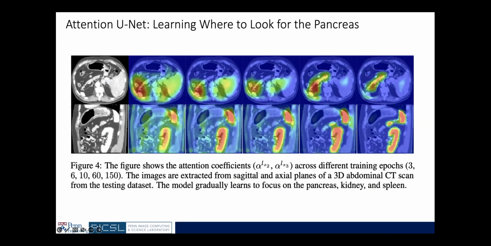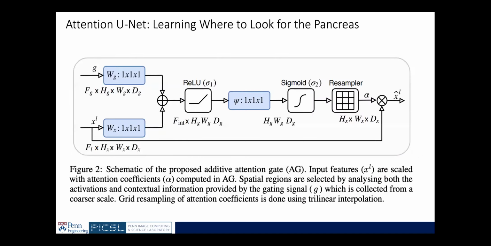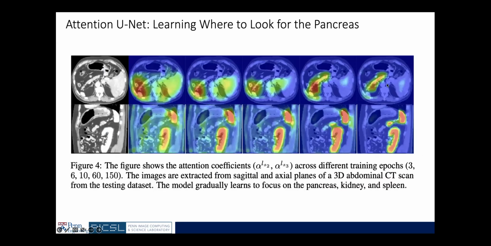From left to right, these are the outputs overlaid on the MRI image as the training progresses: epoch number 3, 6, 10, 60, and 150. I'm visualizing just the attention maps, this particular alpha, which you get after the addition.